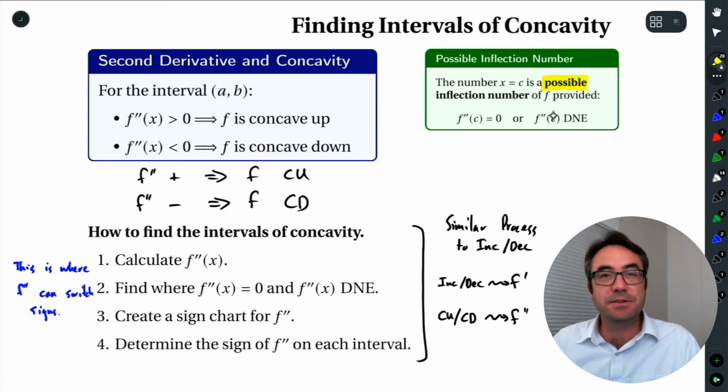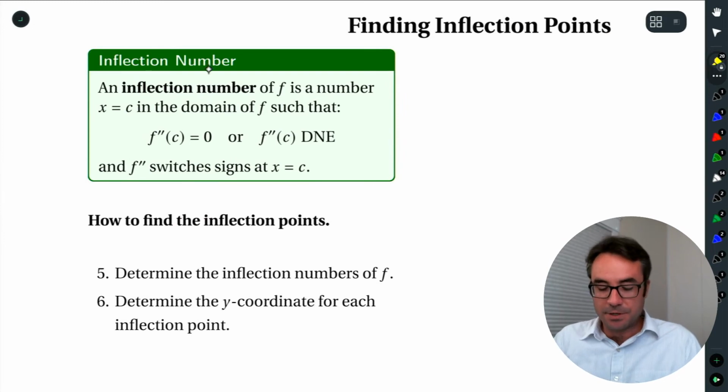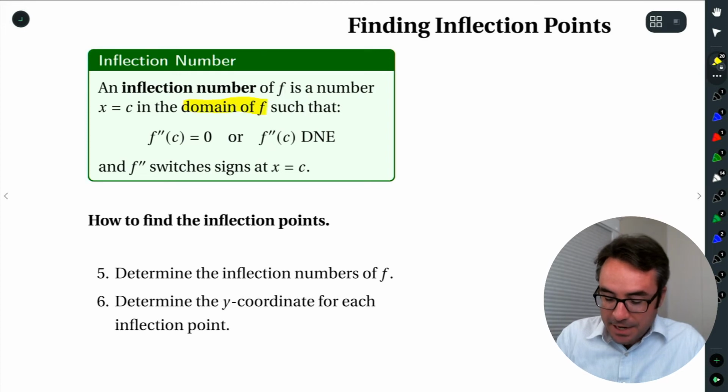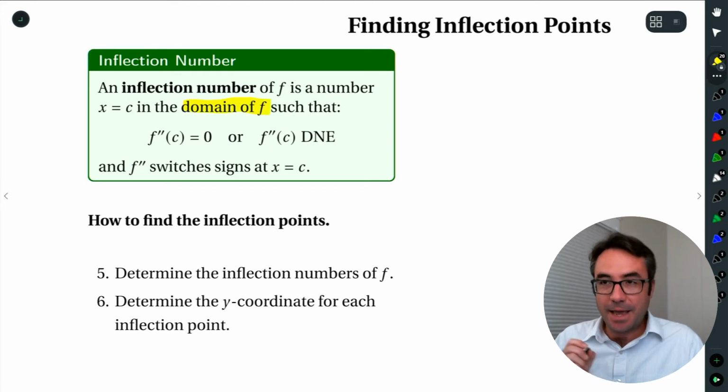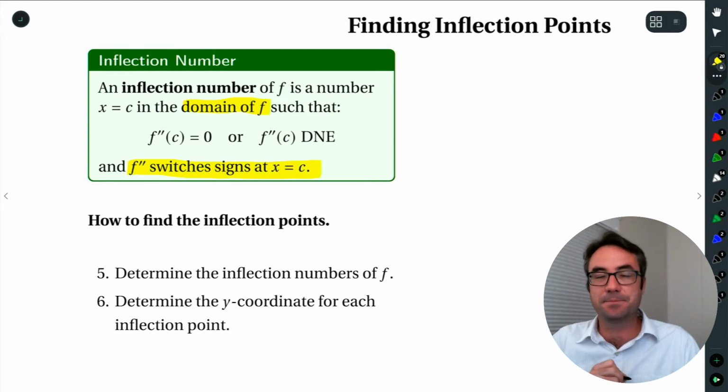We don't necessarily have an inflection point when the second derivative is undefined. There's a little bit more that we need. And so we're going to define an inflection number as a number x equals c. There's a couple things here. It's in the domain of our function f, and f double prime has to switch signs there.